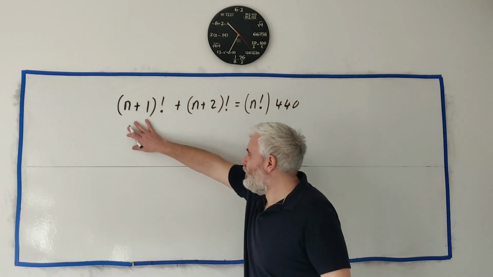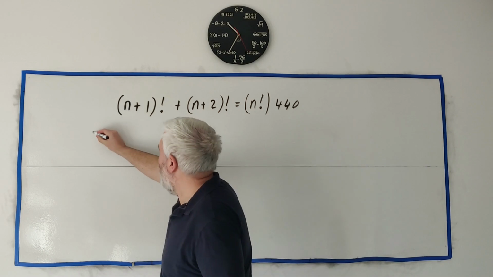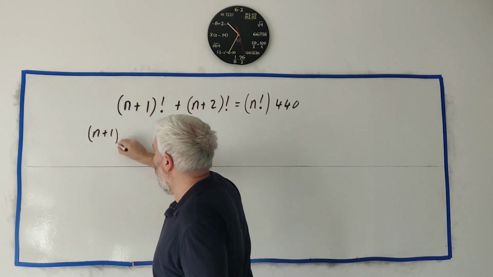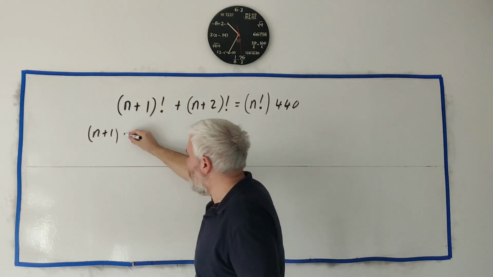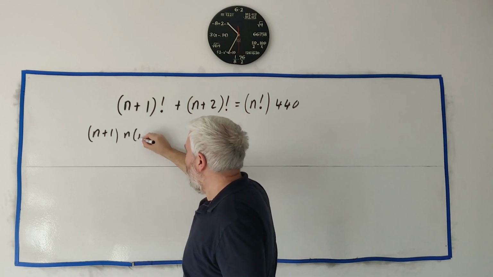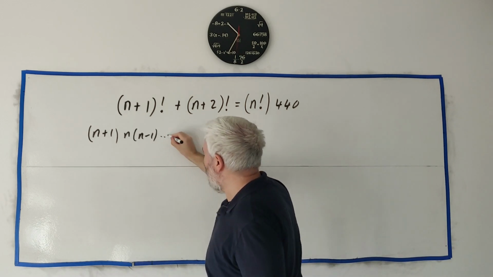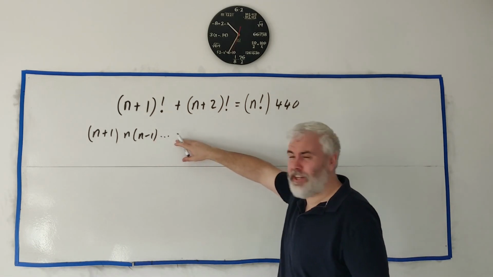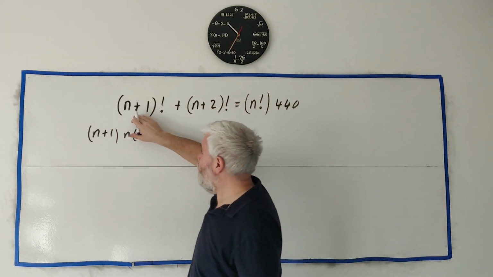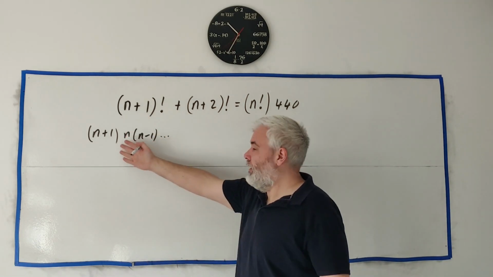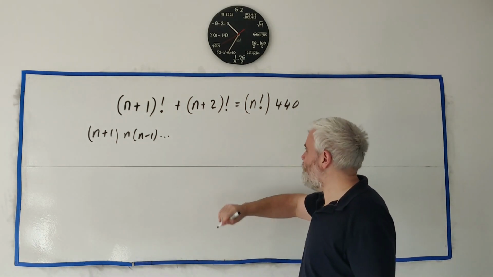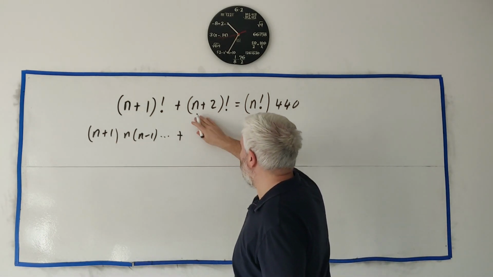Okay, I'm going to rewrite all of this in a really long way. I'm going to rewrite n plus 1 as what's 1 less than n plus 1? It's n. 1 less than that is n minus 1. And I'm going to just put in a dot, dot, dot. This means it stays going all the way down to 1. That's what this first term here is. It's this infinitely long expression. Second term, we put a plus in, is something similar.